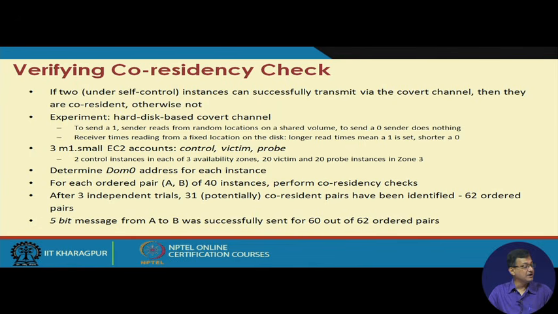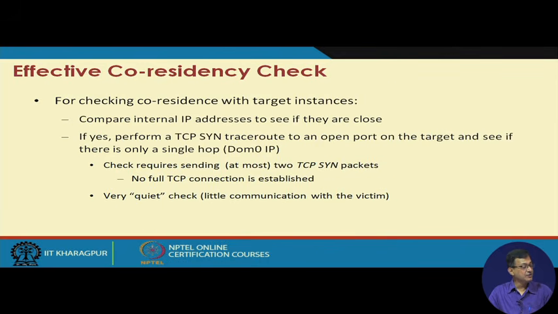They have shown experiments with hard disk based covert channels. With 3 M1 small accounts, control and victim probe, what they did was determine the Dom0 address for each pair of A and B, checking the co-residency of those two VMs. For an effective co-residence check with the target instances, compare internal IP addresses to see if they are closer. If it is within the typical 7, then it is closer.